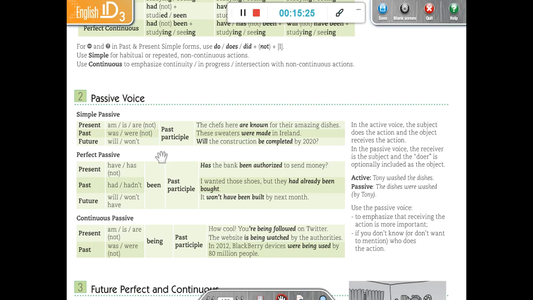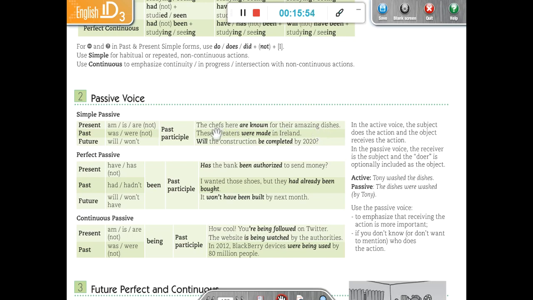Well, as you know, the chefs in this case receive the action. The chefs here are known, so they are not known by themselves. The chefs here are known for their amazing dishes. In this case, we don't know, or it's not important to know, who knows these chefs.